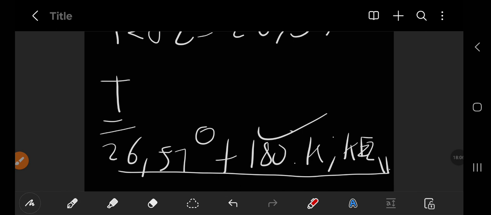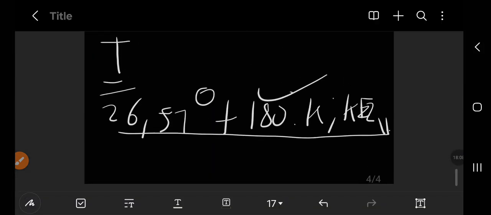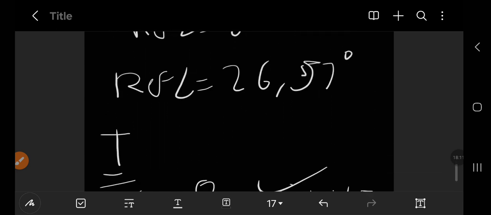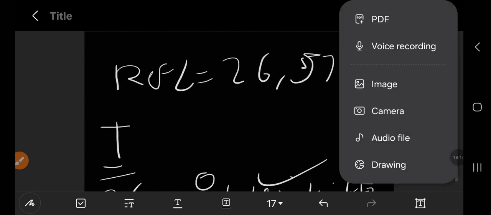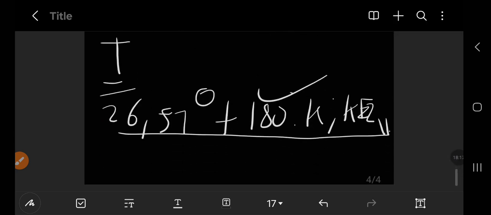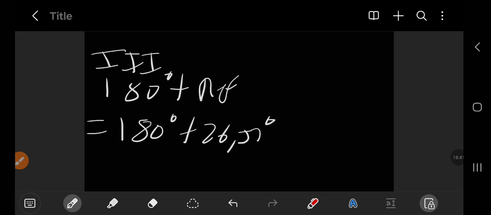And it's also positive in the third quadrant. So in the third quadrant, what's the reduction there? It's going to be 180 degrees plus the reference angle. So it's going to be equal to 180 degrees plus 26.57 degrees plus 360 times k.